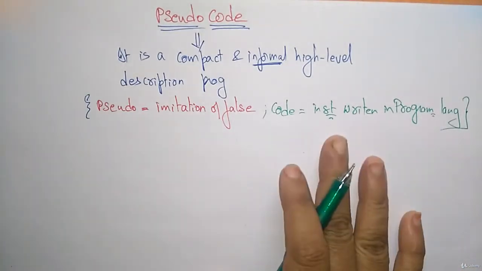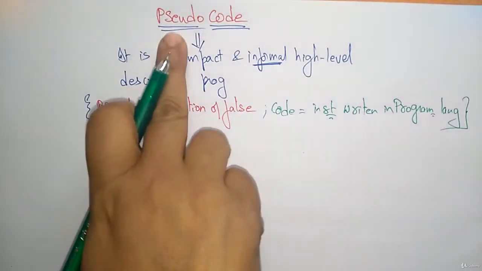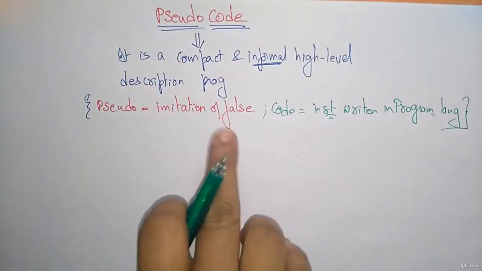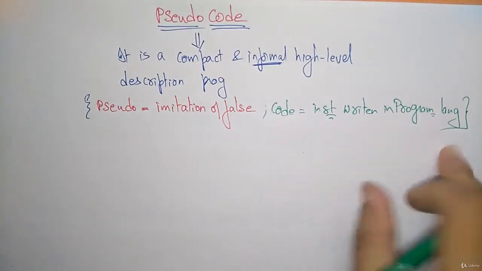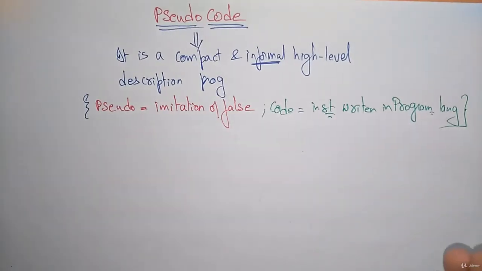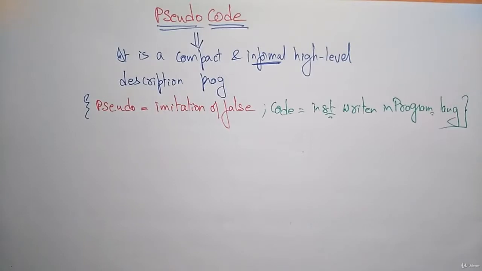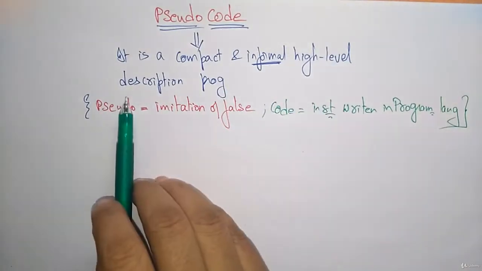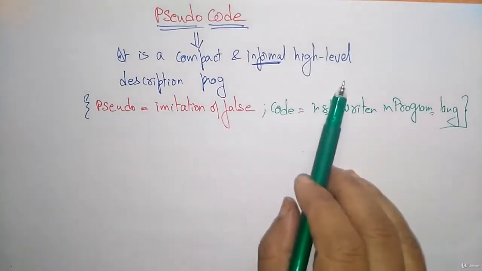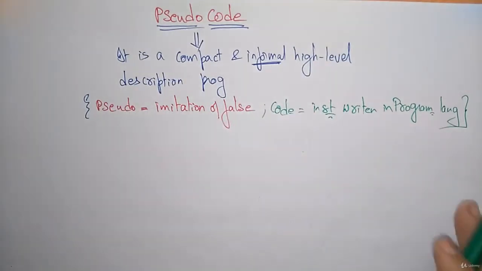So the word pseudo means it's just an imitation or false instructions written in a programming language. So pseudocode is useful only for the description of a program. This is an informal high level description of a program, that you call a pseudocode.